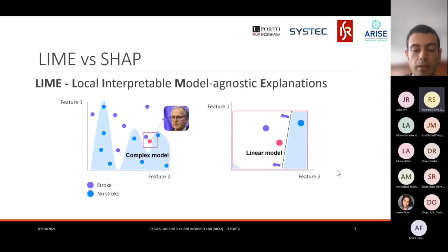If we zoom in on a specific region, for example where this pink dot is, we can approximate this region of the model to a linear model so that it is easier to understand, and we can clearly state that the pink dot is above the linear line, so we can say that it means there is a stroke.